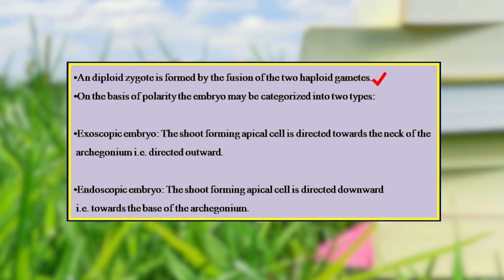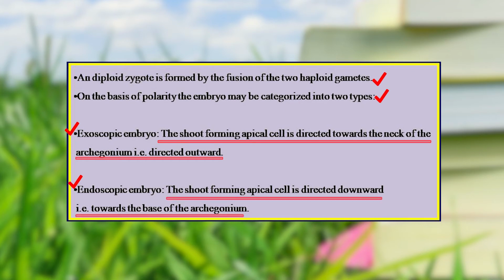On the basis of polarity, the embryo can be categorized into two types: exoscopic embryo and endoscopic embryo. In exoscopic embryo, the shoot-forming apical cell is directed towards the neck of the archegonium, that is, directed outward.